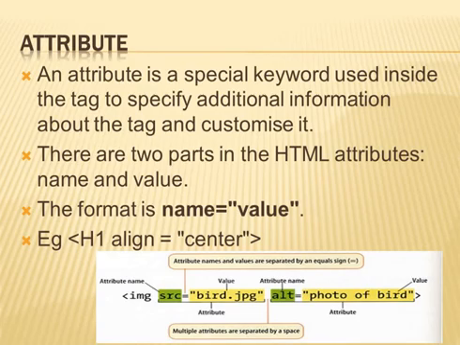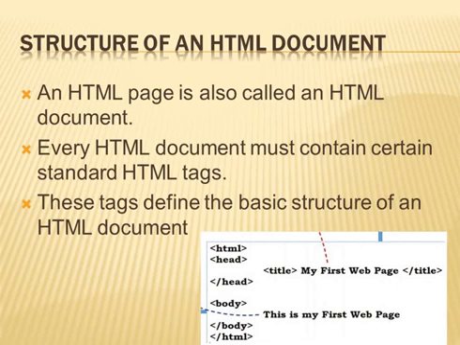Let us see some key terms in this lesson. First one is HTML. Hypertext Markup Language. That is a language used to design web pages. Attribute. A special word used inside an HTML tag to specify additional information about the tag and to customize it to our requirement. Tag. HTML command that defines the manner in which the content should be formatted and displayed in the browser.